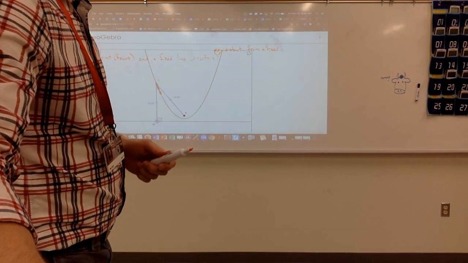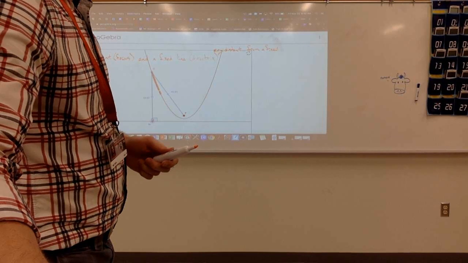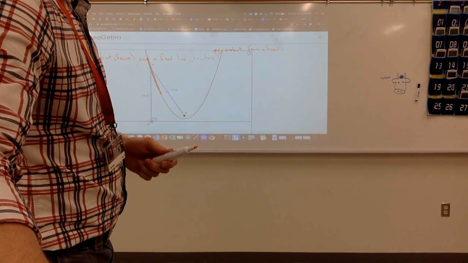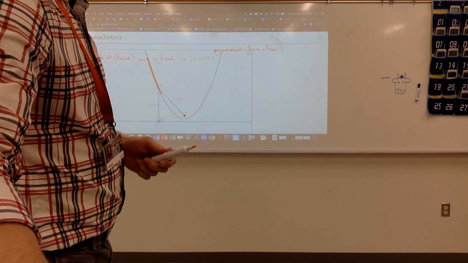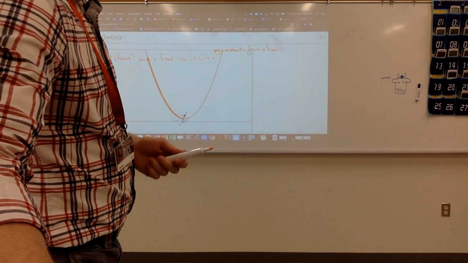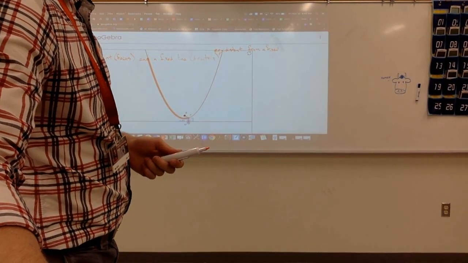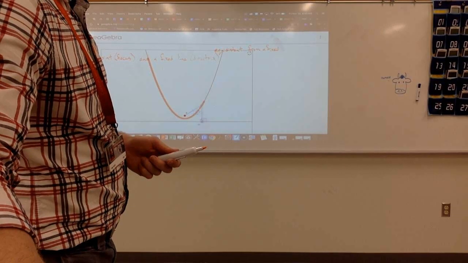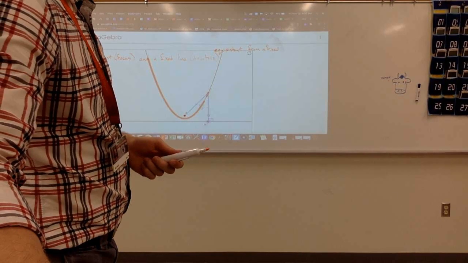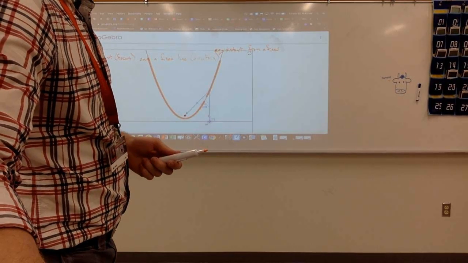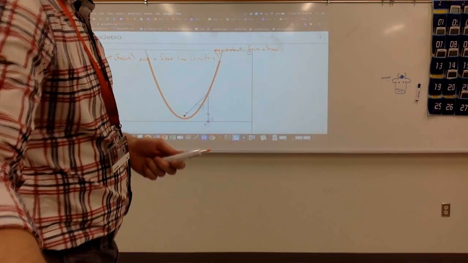There we go. As I move this point, we're creating a parabola based on distances that are exactly the same from my focus and from my directrix. This is what creates a parabola. Those distances are the same.